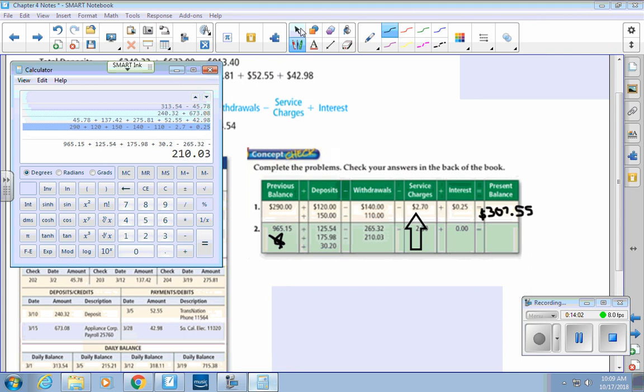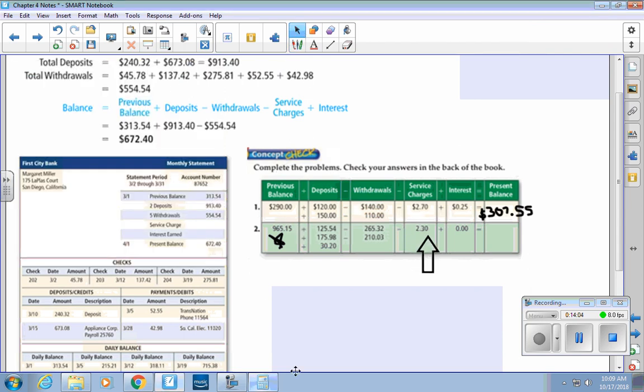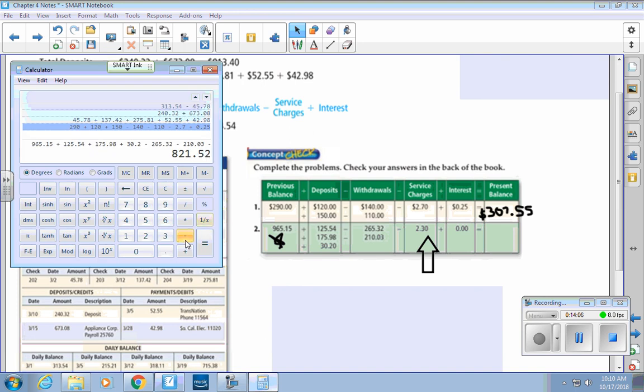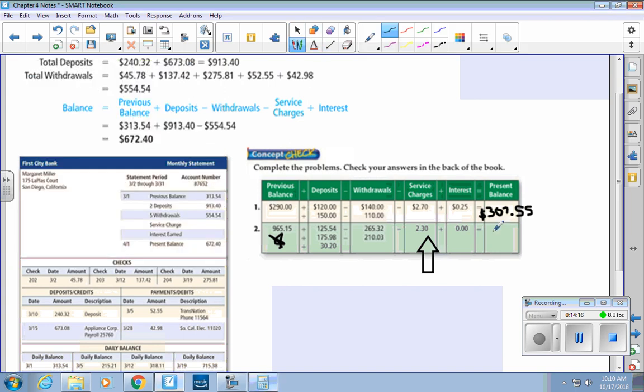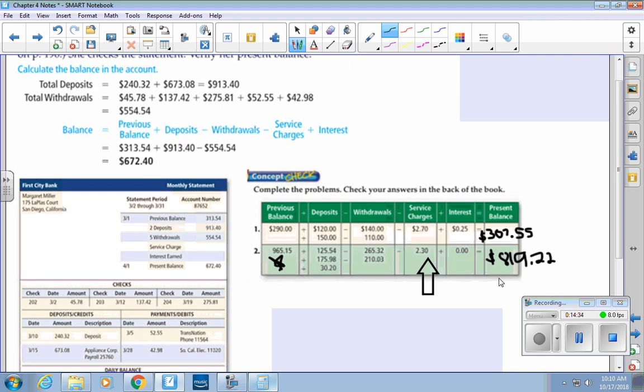And then we're going to subtract out our service charge. In this case, it's $2.30, and we have no interest. So we get $819.22 as our present balance. All right, and that is 4.4 notes.